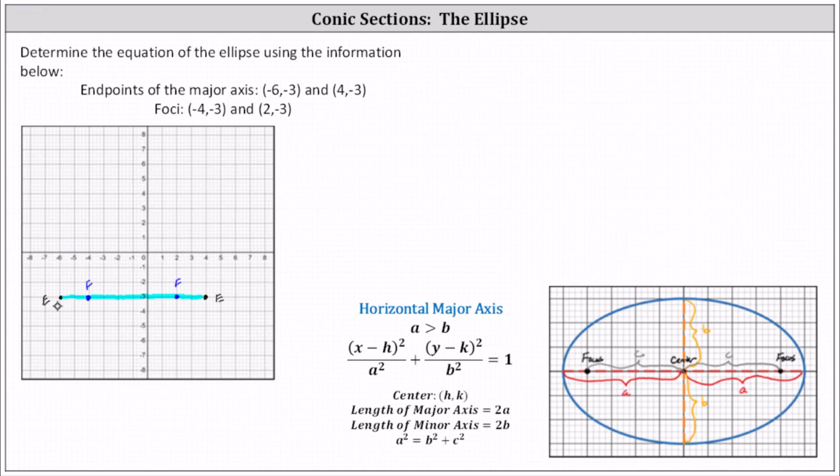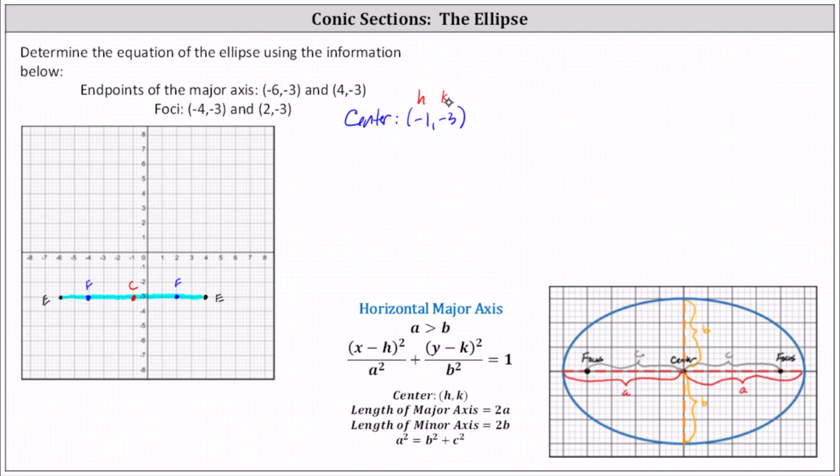Starting on the left, moving right 5 units, 1, 2, 3, 4, 5. This is the center of the ellipse, which is the point (-1, -3). Let's record this because we need it for the equation. This indicates for the equation h equals -1 and k equals -3.